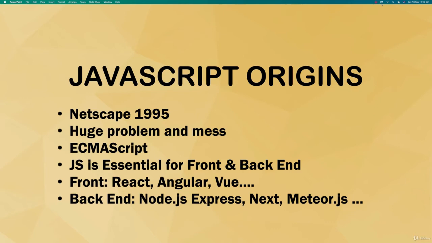Now, this triggered the creation of a standard, and this standard is known as ECMAScript. Because of this standard, things are easier for us now. With the help of this standardization, every browser can implement the same JavaScript.